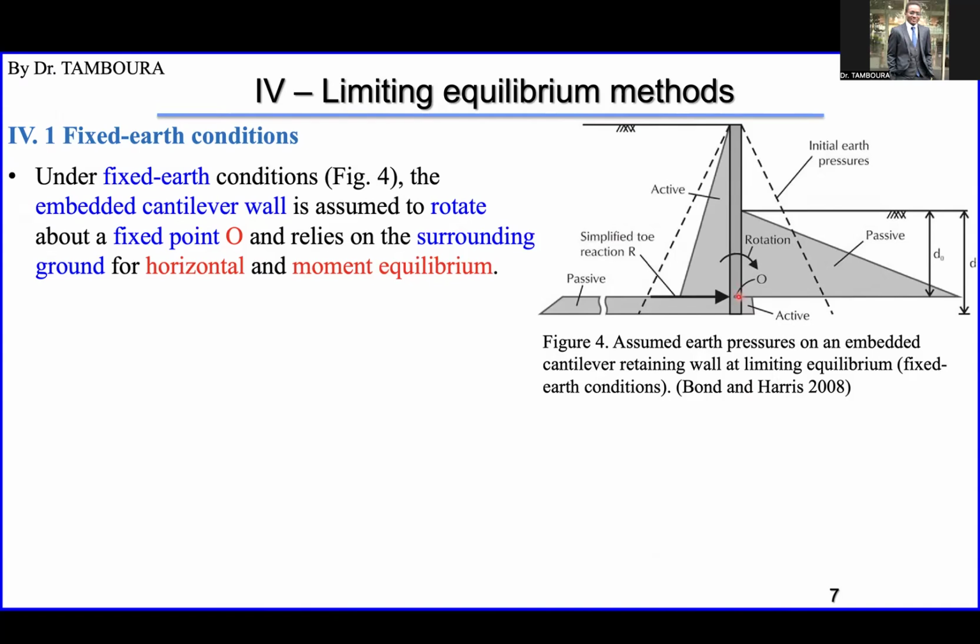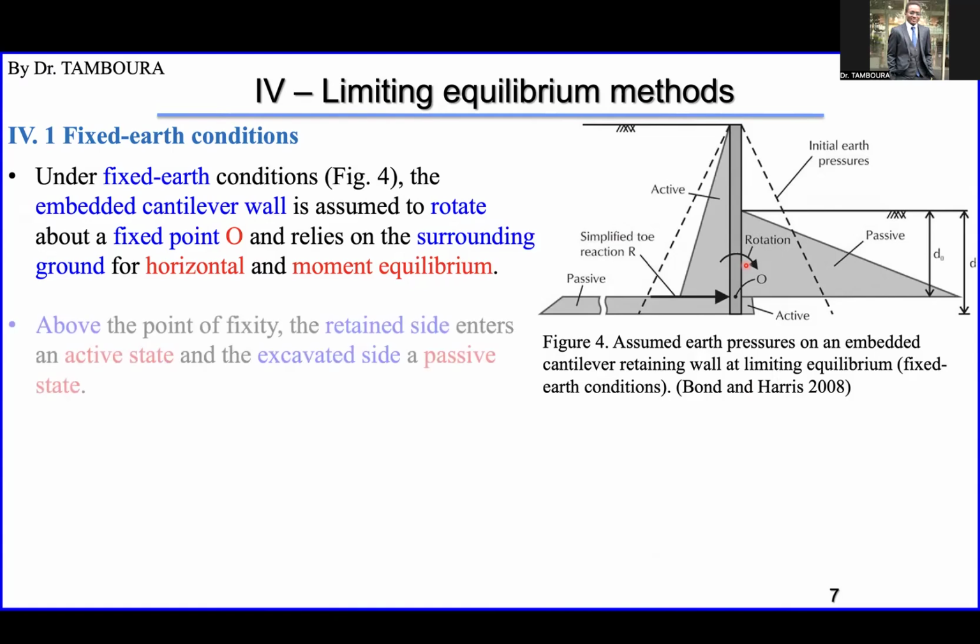It will rotate around this, so that you will have the active and passive pressure on both sides, and this relies on the surrounding ground for horizontal and moment equilibrium. Above this point, this is the retained side.